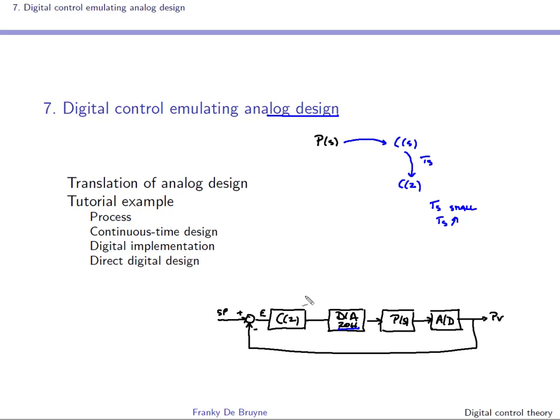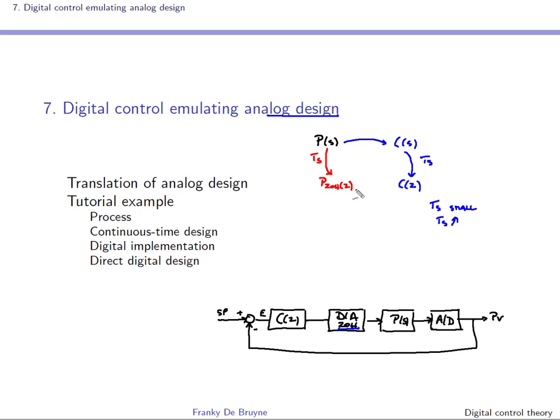So what we'll see in a tutorial example, that if we take another way and we first discretize the process, but we do it in a smart way, in the sense that we're taking into account the zero order hold mechanism, we obtain an equivalent description that takes into account this zero order hold mechanism.